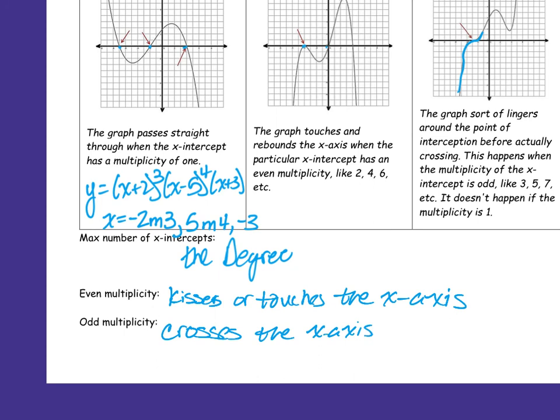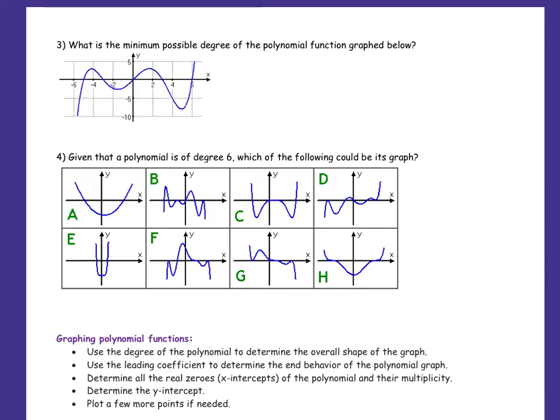Odd always crosses, but it flattens out, right? Well, no, it just means it's going to cross. I'm so sorry. Odd multiplicity definitely means it's going to flatten out. Even multiplicity just means it's going to kiss it. So it just depends on how many multiples I'm going to have, whether it flattens out or not. And that's the whole big problem.